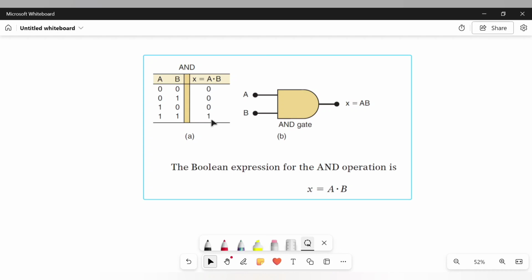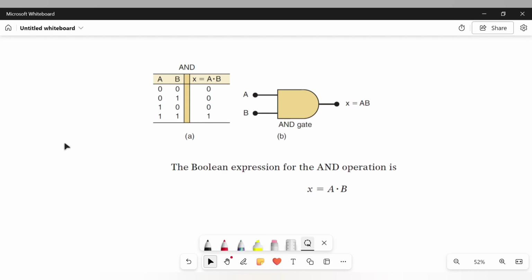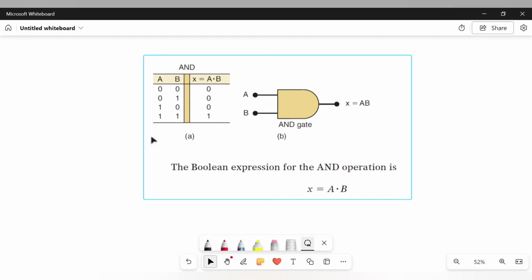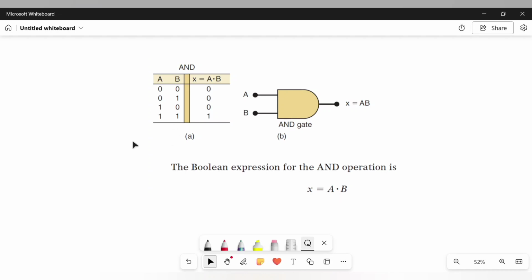So it implies this AND operation implies simple algebraic multiplication, and this AND gate output is equal to the AND product. This type of product is called the AND product. And these two inputs are the logic inputs, logically 0 and logically 1.